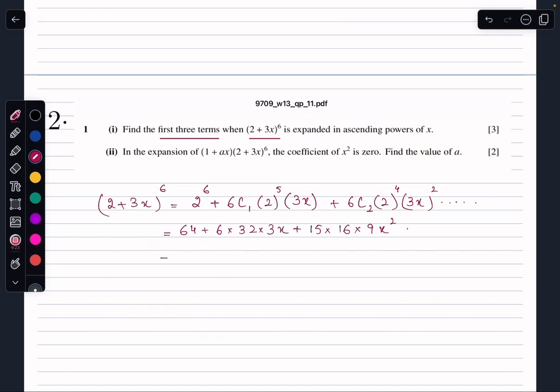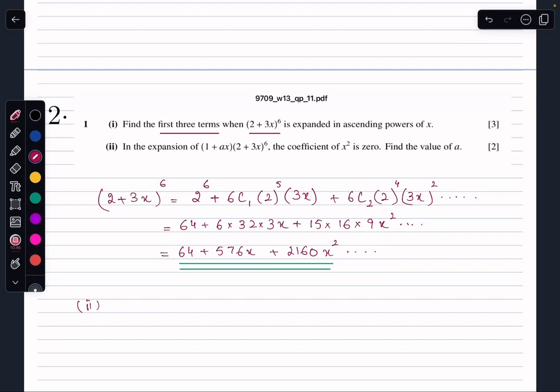So the final answer then is going to be 64 plus 6 times 32 times 3, giving me a 576x, and then plus 9 times 15 times 16. So that will give me a 2160x squared. So these are going to be the first three terms in ascending powers of x. So this shall be my answer over here.